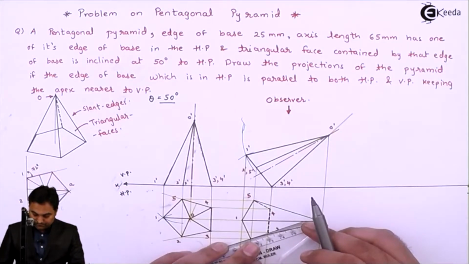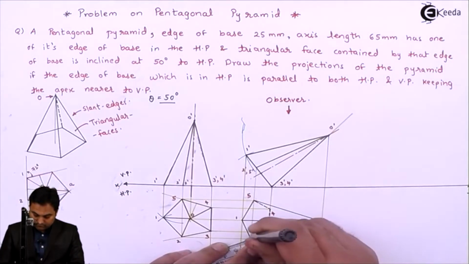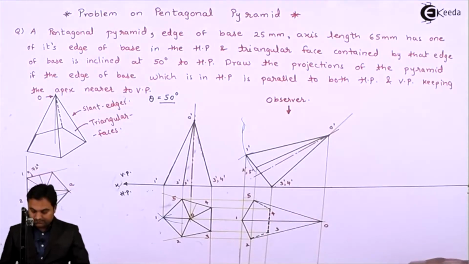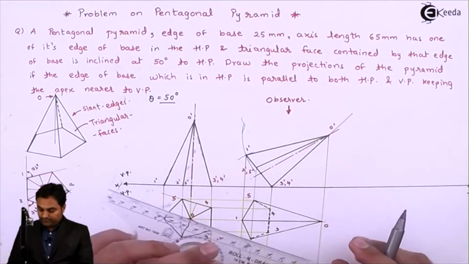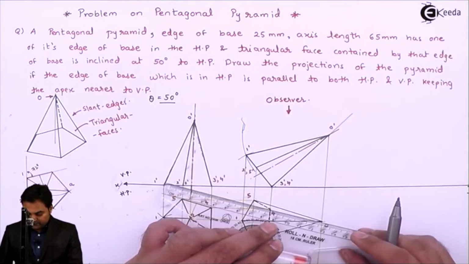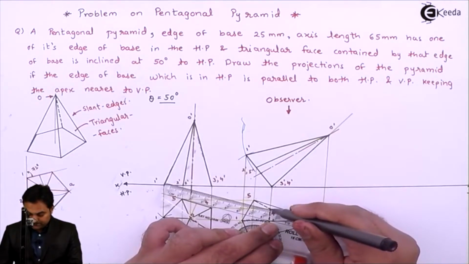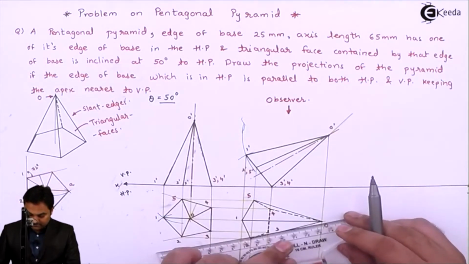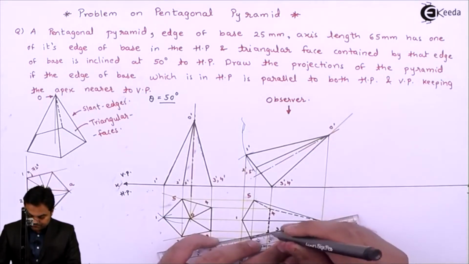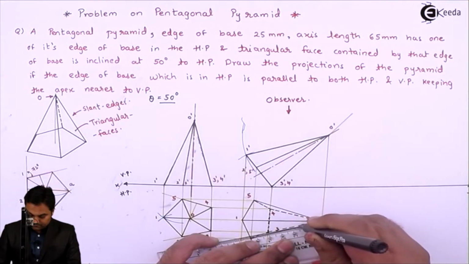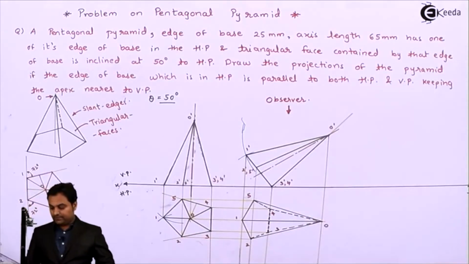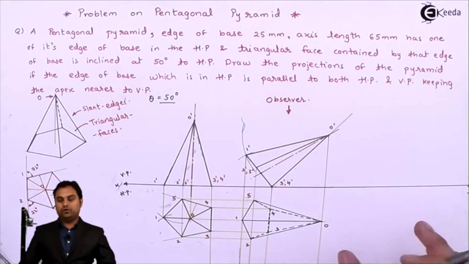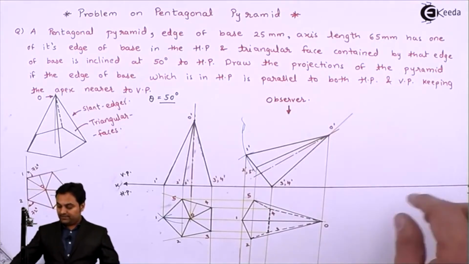And 3 to 2 hidden. Next 4 to O will be connected with the help of dotted line again, that is also hidden. And O to 3, so it is hidden.